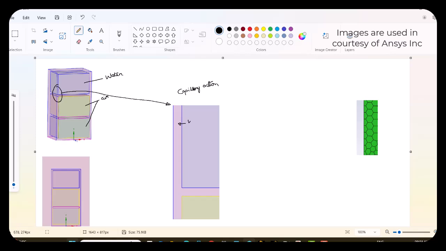The water present at the top would seep into the porous clay media, and then it comes down due to the capillary action, right?